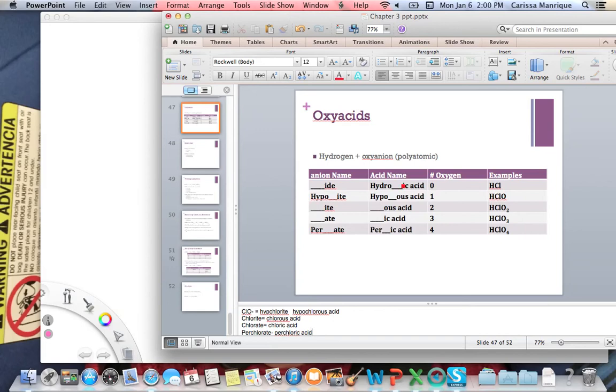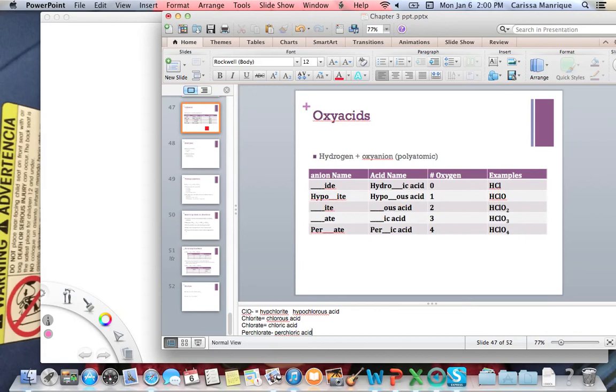Okay, so the last two will end in ic acid, and the ones in the middle, if they end in ate as a polyatomic, they'll be an ic acid, and then ite will be an ous acid.